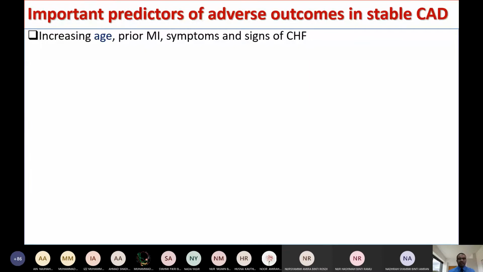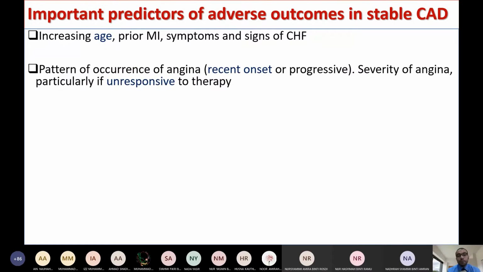Those patients most likely have a relatively poor prognosis: those who are relatively old, those who have had a prior MI, as we mentioned, those with symptoms and signs of coronary heart failure, and of course the pattern of the angina, whether it is recent, progressive, and how responsive it is to the medical management that has been given.